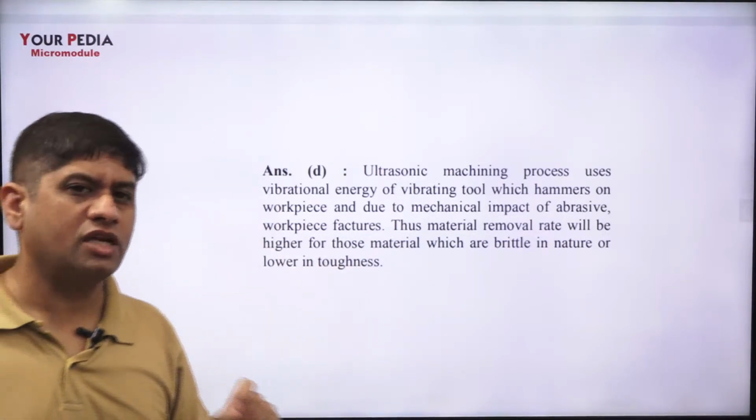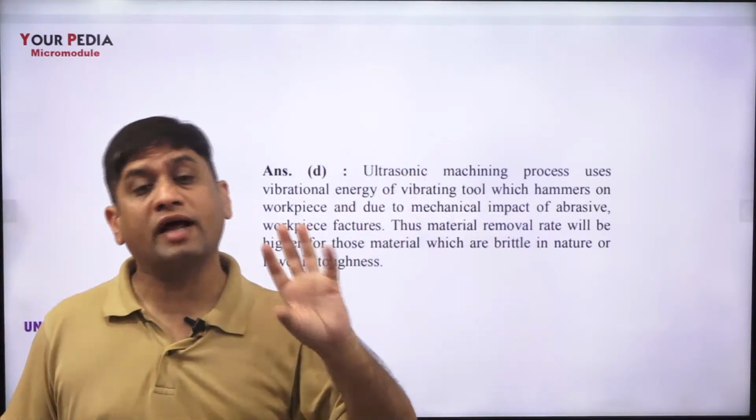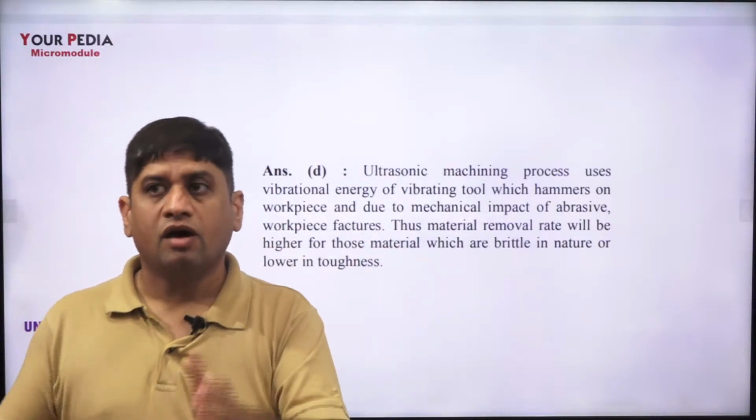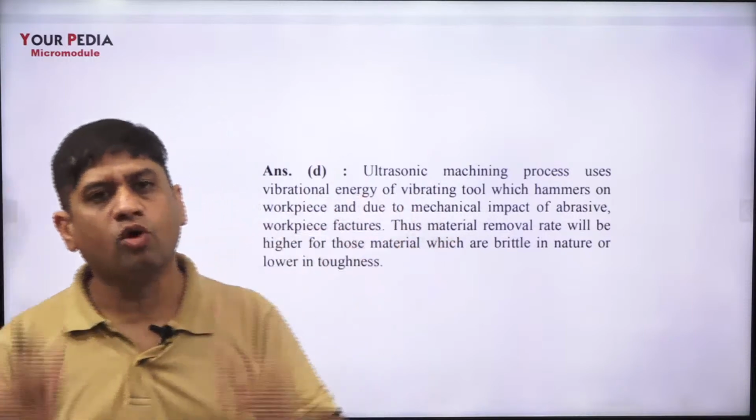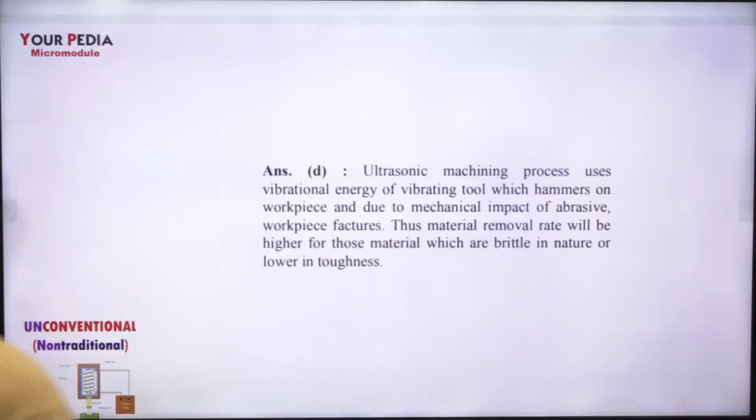So in ultrasonic machining, material removal rate is more if fracture probability is more. More the toughness, less the fracture; less the toughness, more the fracture. That is the reason the answer is low toughness. Material removal rate will be higher for materials which are brittle in nature or lower in toughness.